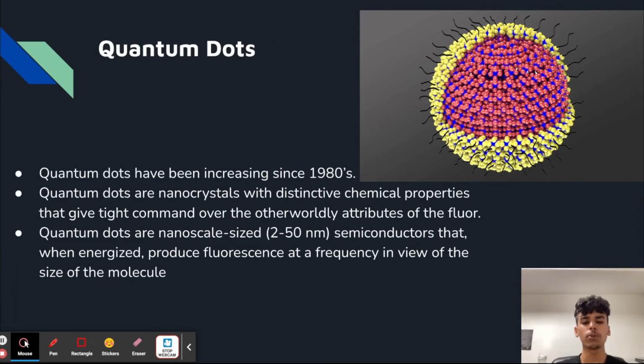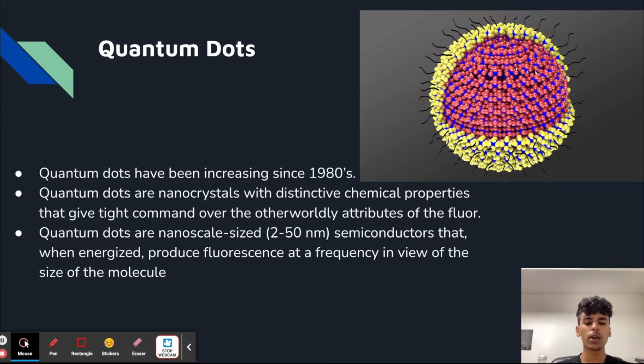Number three, quantum dots. Quantum dots have been increasing since the 1980s as they are being used in fluorescence applications in biological research. Quantum dots are nanocrystals with distinctive chemical properties that can give tight command over the overworldly attributes of the fluor.